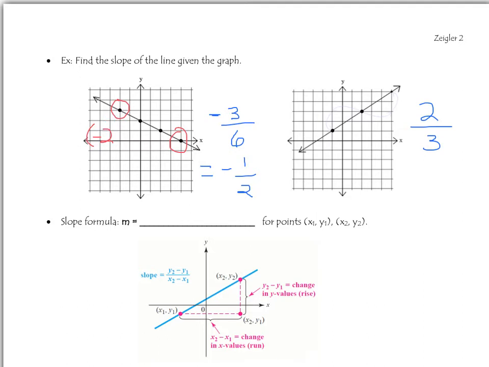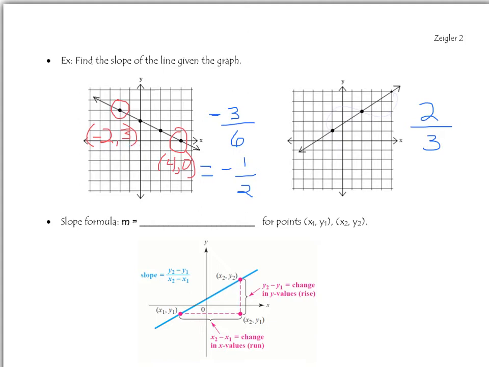So y is going to be 3. And on the other point, x is going to be 1, 2, 3, 4. And y is 0 because it doesn't rise any from the y equals 0 mark. Where the axes intersect, that's where x equals 0 and y equals 0. So the second point is 4, 0.